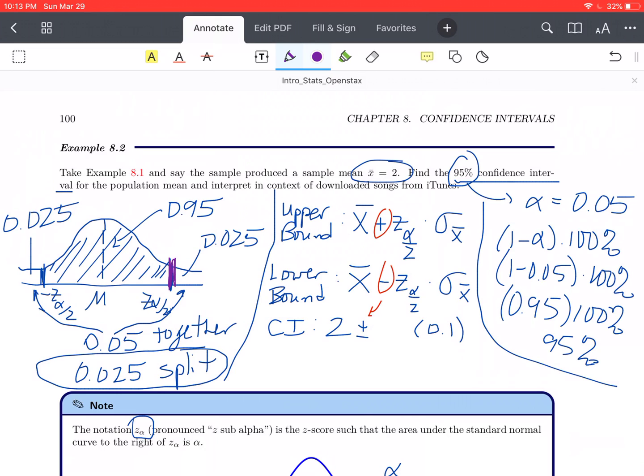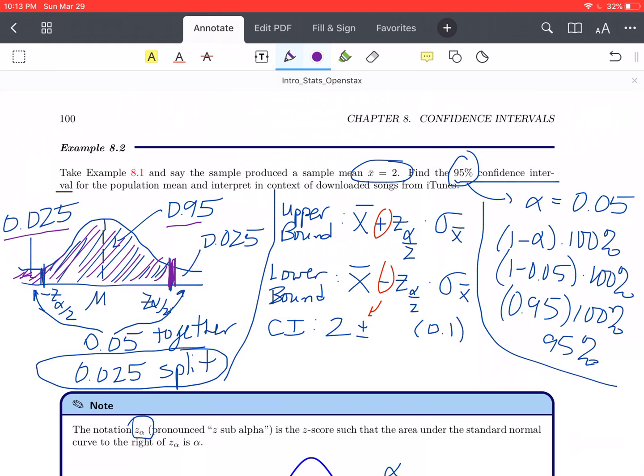But in order to do that, we need to take the area as being everything to the left of this value, including this lower tail down here. That's just how we find it using the technology. So z sub alpha over 2 is going to include all 95% here and the 0.025 here.